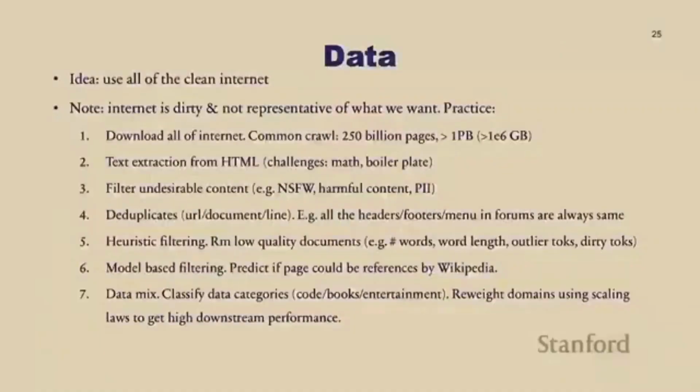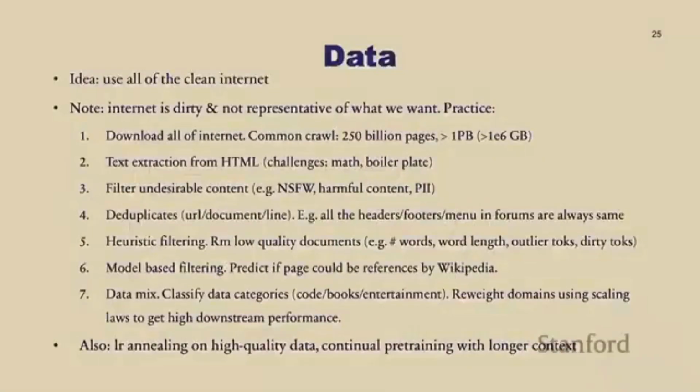If you train your model more on code, it helps reasoning. So you want to upweight the coding distribution because that helps for general language modeling skills. Books is usually another one that people upweight. Entertainment, they usually downweight. So things like this. People used to do it maybe heuristically. Now there are entire pipelines that we'll talk about of how to do these things slightly more automatically.